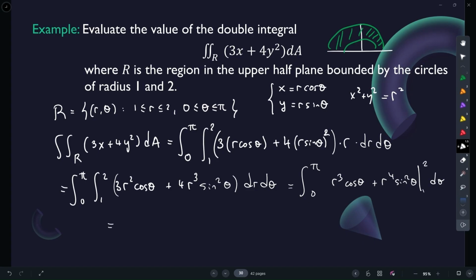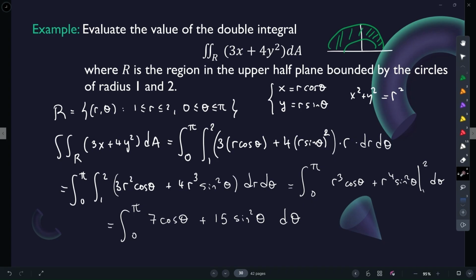And I have done this math separately, and I get the integral from 0 to pi of 7 cosine theta plus 15 sine squared of theta. When you evaluate at 2 and subtract the value at 1, you get this integral in theta, which I now can try to work out.